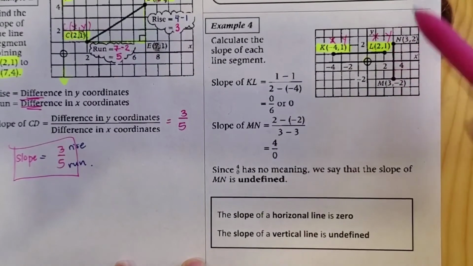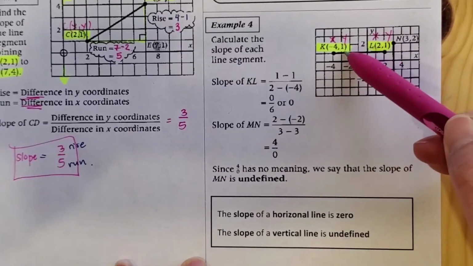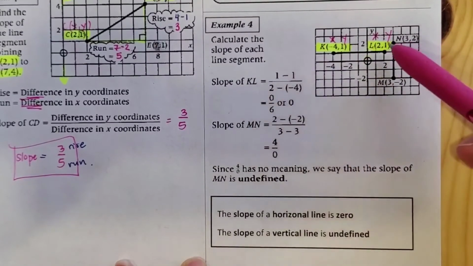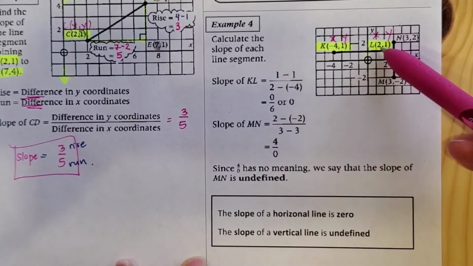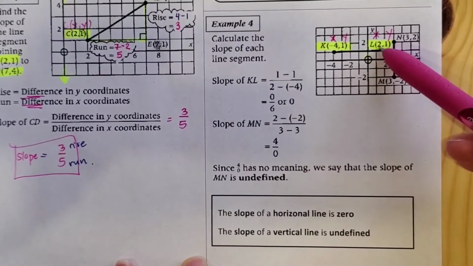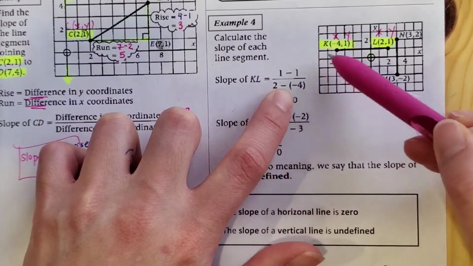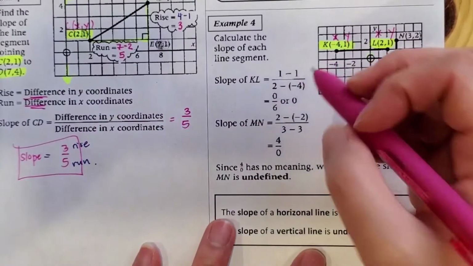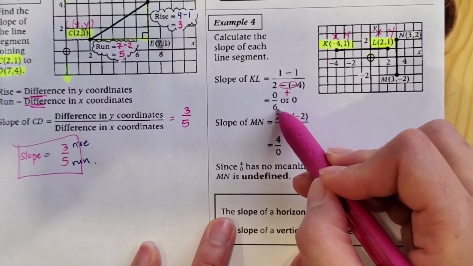In this case, my y value here is 1, take away 1. So 1 minus 1. And then here, since I put the L first, it's going to be 2, take away, so difference, negative 4. So there are 2 negatives there, that makes this a positive. So it's 2 plus 4, that gives you 6.